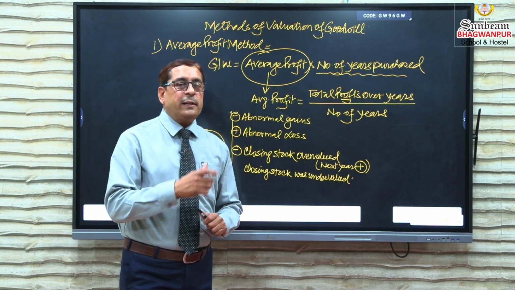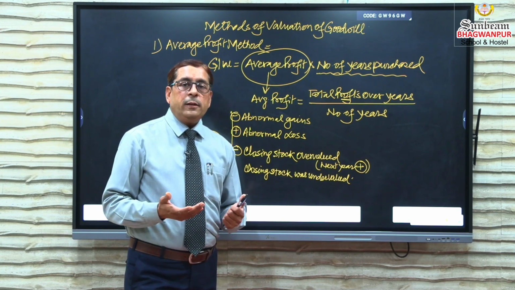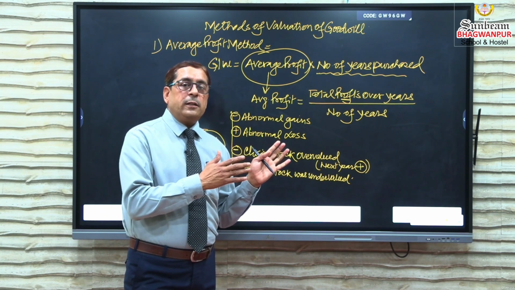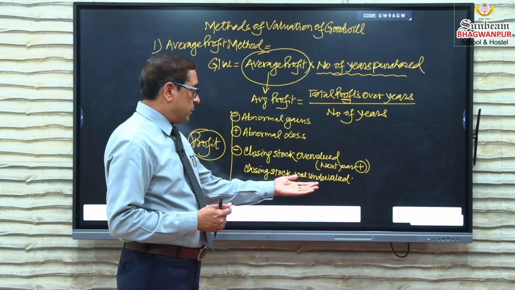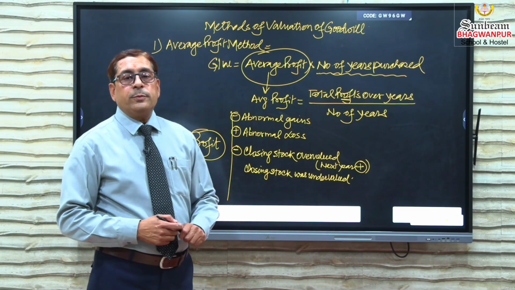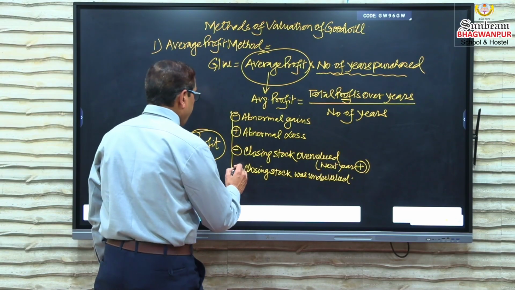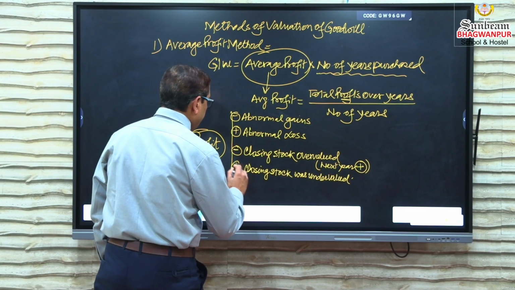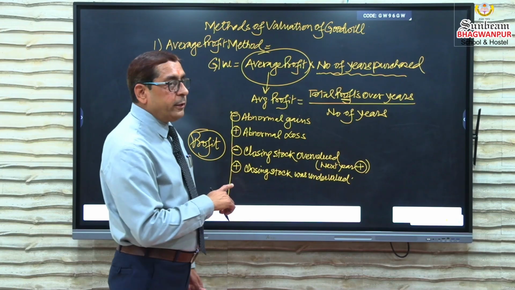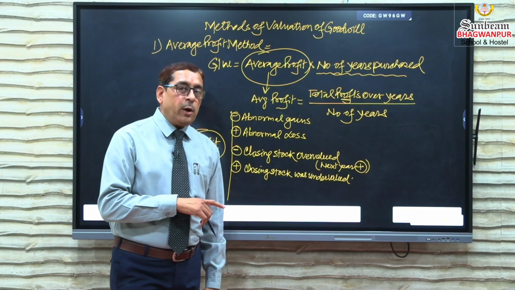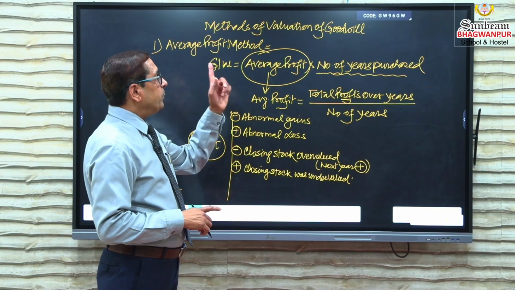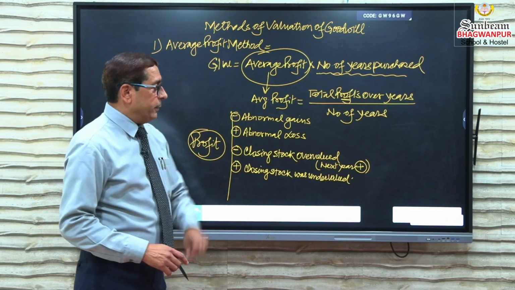You have written a lesser amount there. Obviously, the profit decreased because of this undervaluation of closing stock. So what to do? We have to increase the profit of that particular year to make it a correct profit for the purpose of valuation of goodwill.